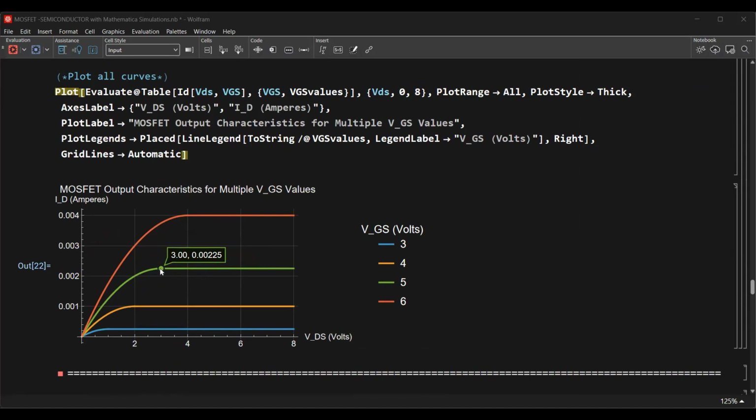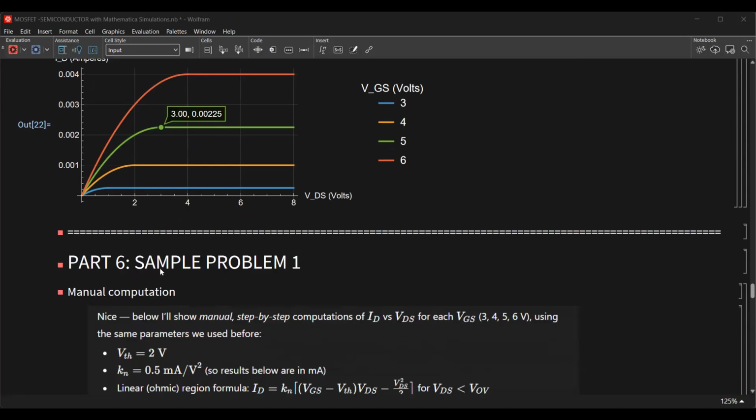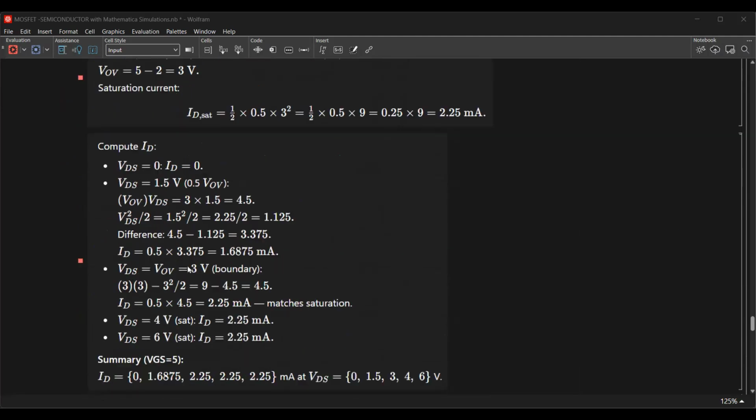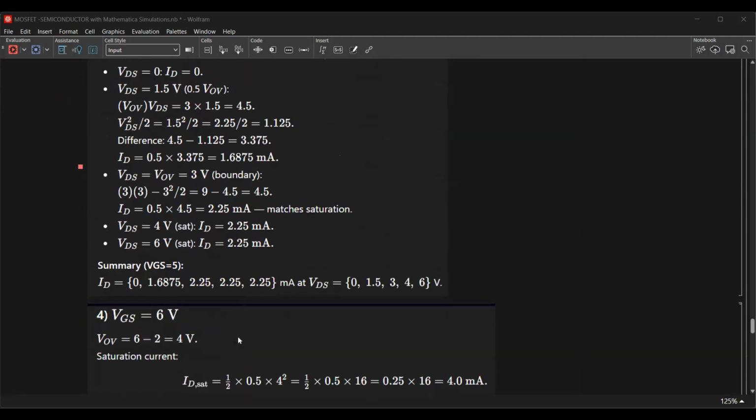Let us see, 2.25 milliampere. So this one, 2.25 milliampere.